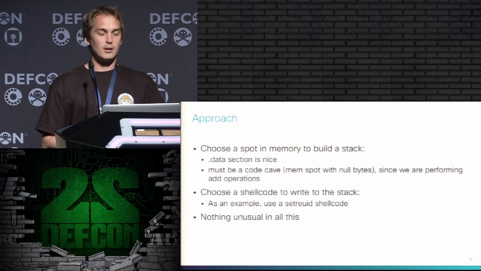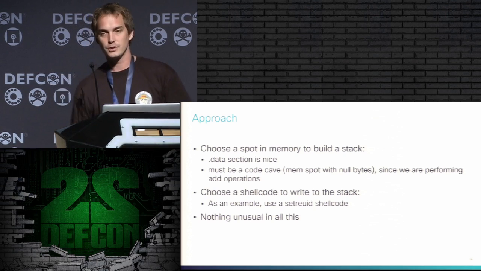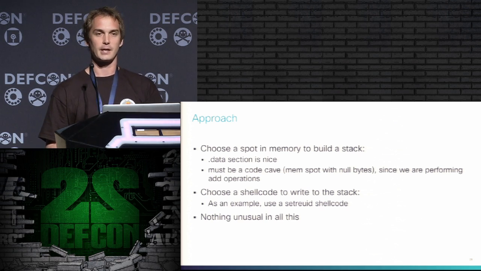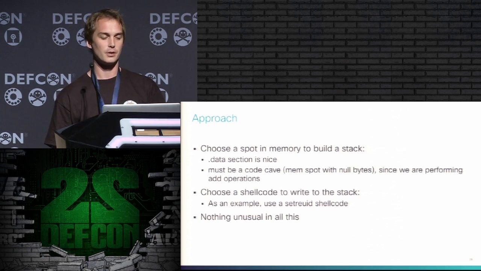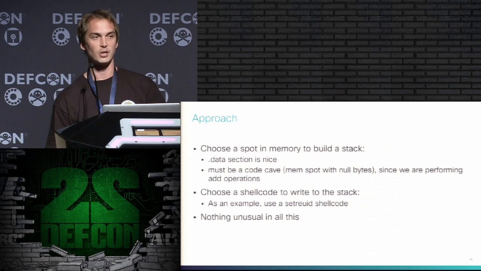As this is the more general approach to ROP, you're going to choose a spot in memory where you can build your stack. The memory property you want is that you can write to it, and with today's memory protection you can either execute or write. So you choose a zone where you can write. The previous instruction was an add instruction, so I have to find what is called a code cave, a zone which is just padded with null bytes, a bunch of zeros.